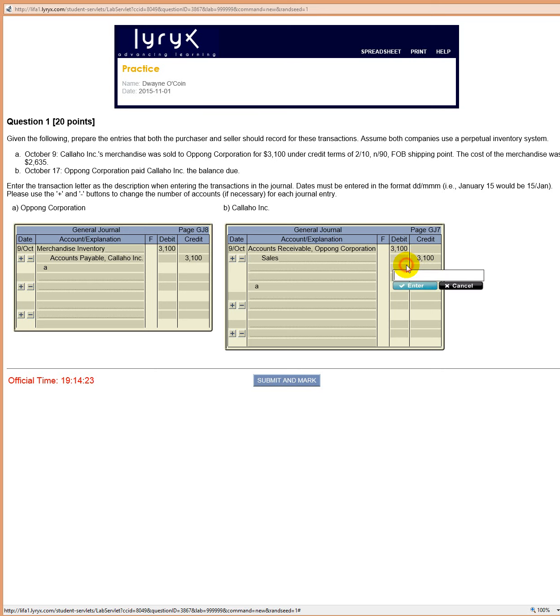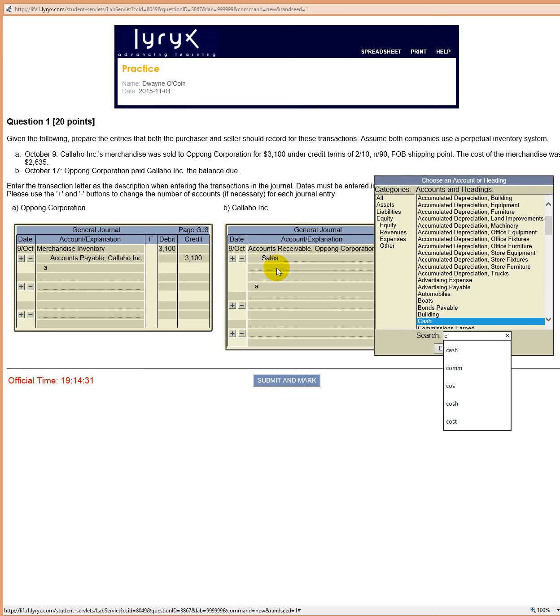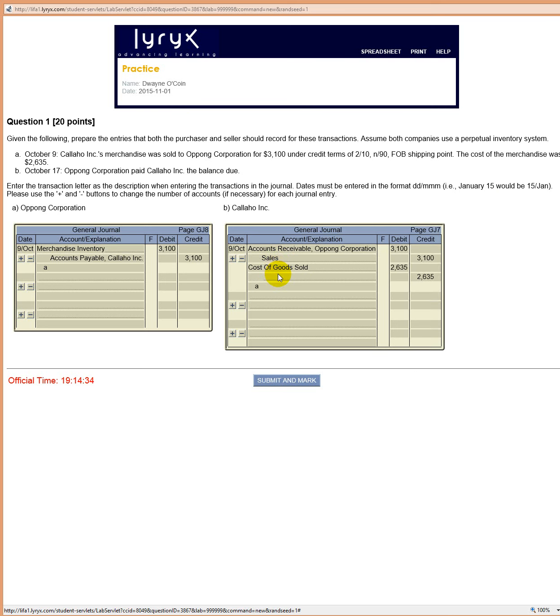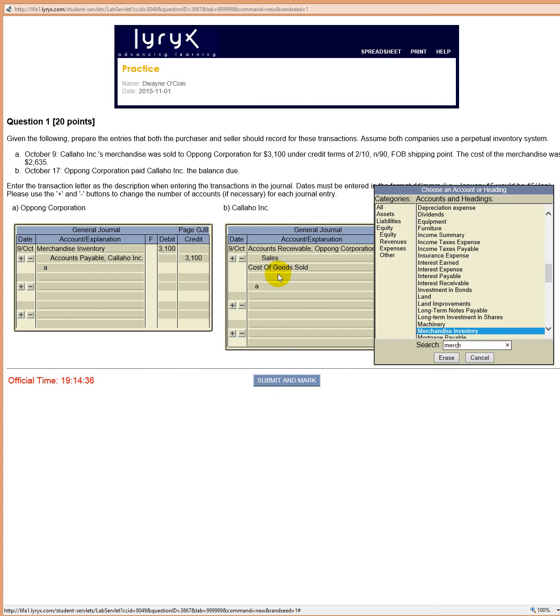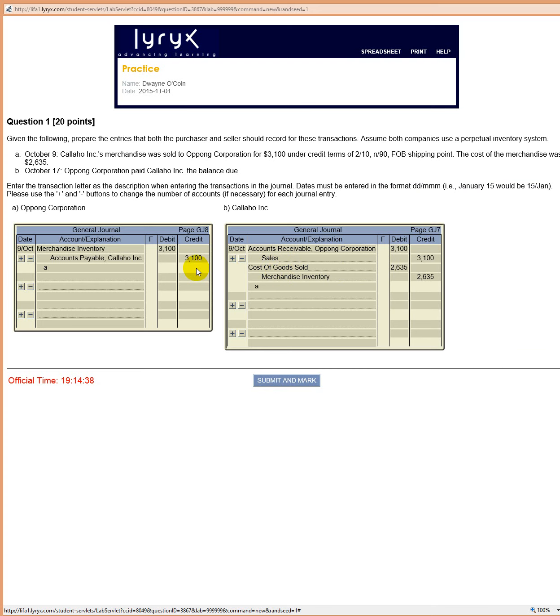The cost of the inventory was $2,635. So here we have cost of goods sold and merchandise inventory, which I tried before unsuccessfully to bring over here. So the same transaction from the two different perspectives is recorded there.